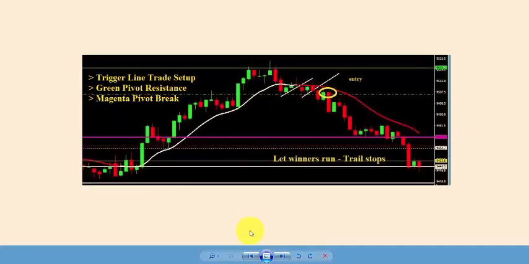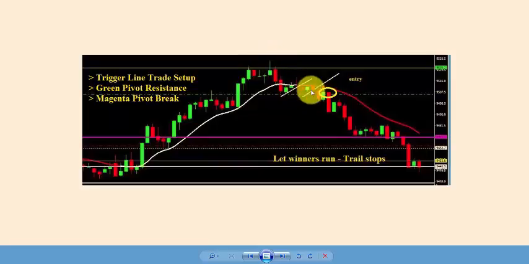Okay, this is another trigger line setup. Just look at this big up move, and you can see the trigger line has been bullish all the way, and then a very powerful resistance at the green pivot. Look at that big wick. Obviously, I'm waiting for the trigger line to become red.